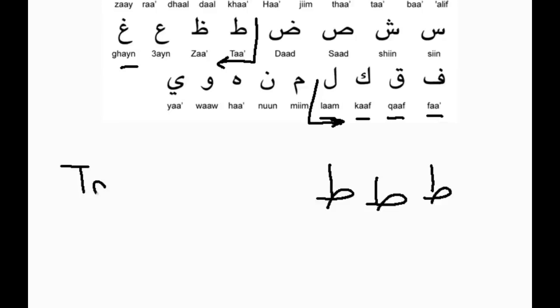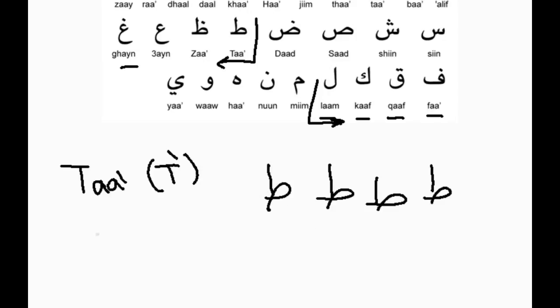The name is ta, and it is similar to T, but a little heavier than just T. It isn't pronounced from the tip of the tongue as you pronounce T; you use the whole width of your tongue. So this is ta.